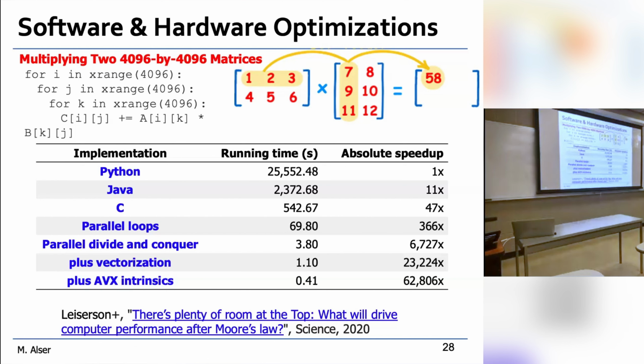Divide and conquer means if I have this row and this column, and imagine this row is 4,000 long and this column is 4,000 long as well. 4,000 elements need to be multiplied by each other, and then you add the summation together. Now, you could divide that matrix into smaller submatrices.